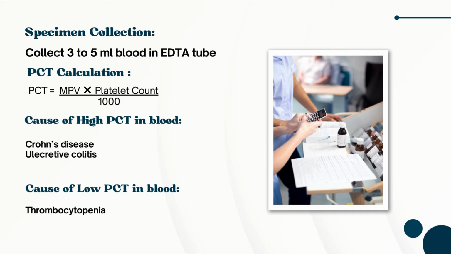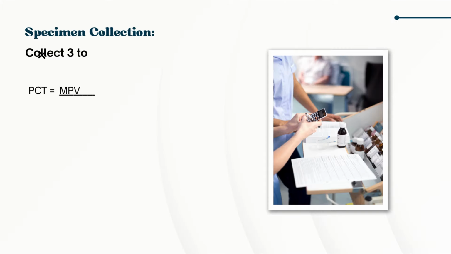Specimen collection. Collect 3 to 5 milliliters blood in EDTA tube. PCT calculation. PCT equals MPV multiplied by platelet count, divided by 1000. Cause of high PCT in blood. Crohn's disease. Ulcerative colitis. Cause of low PCT in blood. Thrombocytopenia.